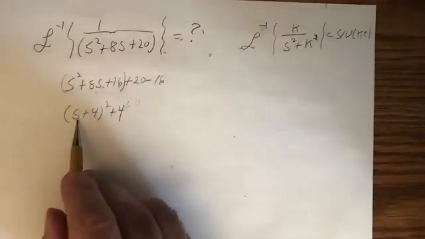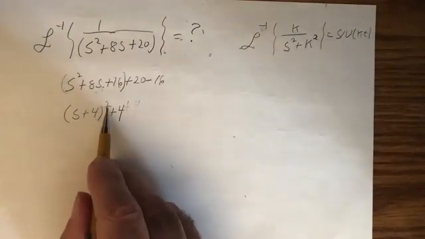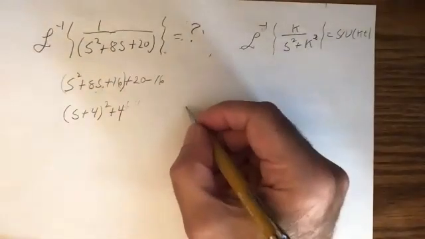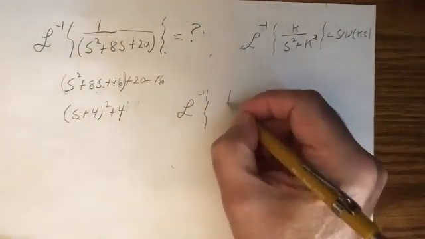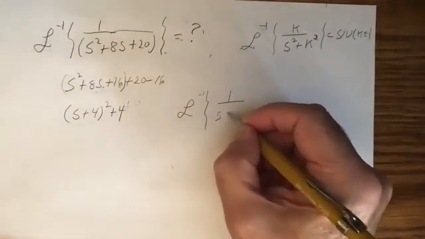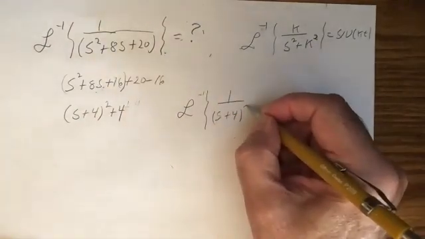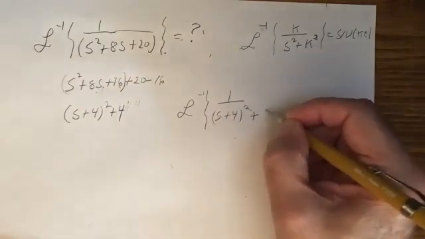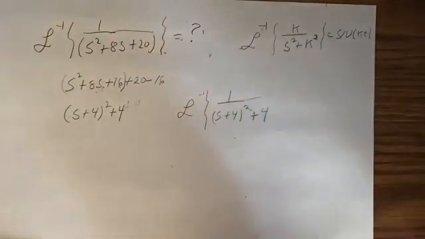So I got s plus 4 squared plus 4. Now I want the inverse Laplace transform of 1 over s plus 4 squared plus 4.